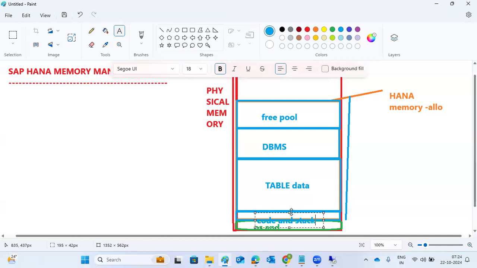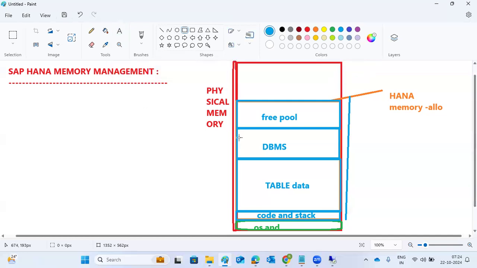By default, HANA has code and stack data, table data, DBMS and free pool data available. This is all the HANA related stuff. Here you see, this is a free memory.